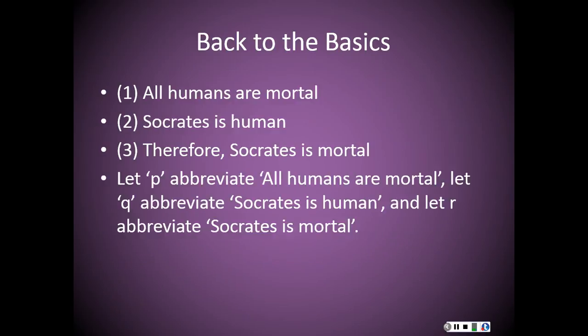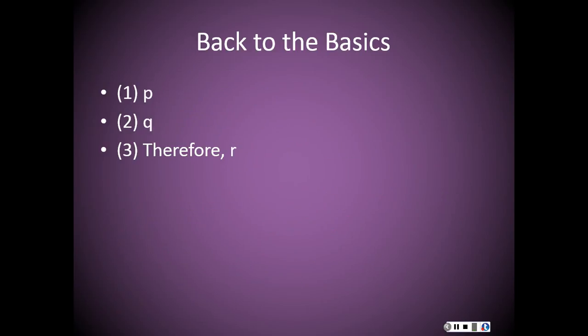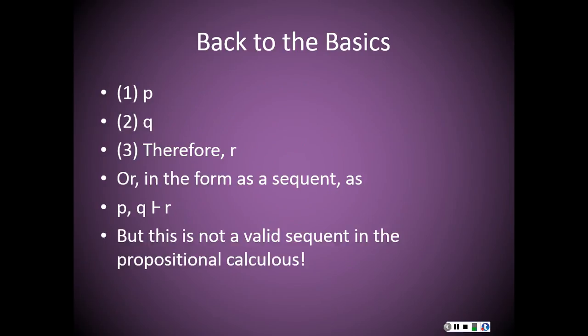So to see this, let's let P abbreviate all humans are mortal. Let's let Q abbreviate Socrates is human. And let's let R abbreviate Socrates is mortal. Given these abbreviations, this argument pattern comes out as the following: P, Q, therefore R. Or in the form of a sequent as the following: P, Q, turnstile R. But this is not a valid sequent in the propositional calculus.